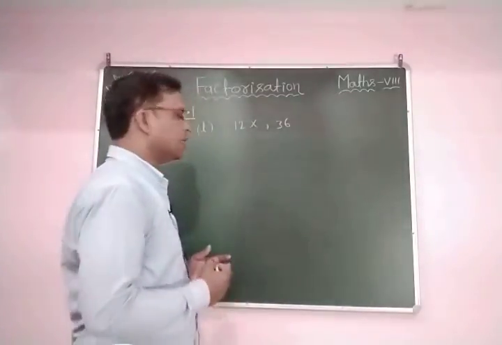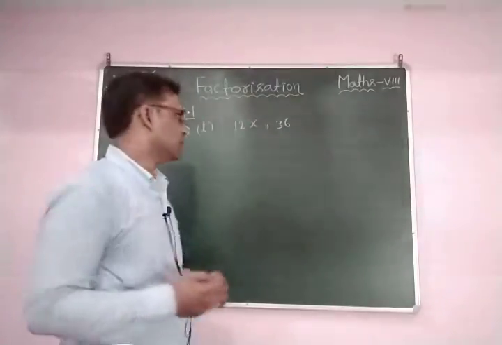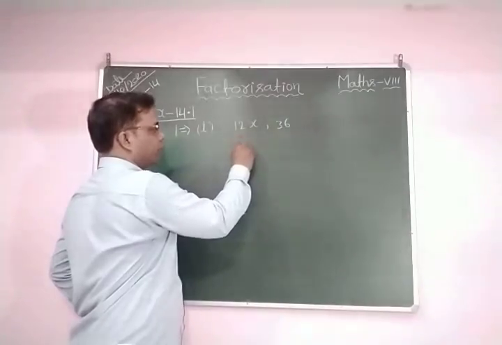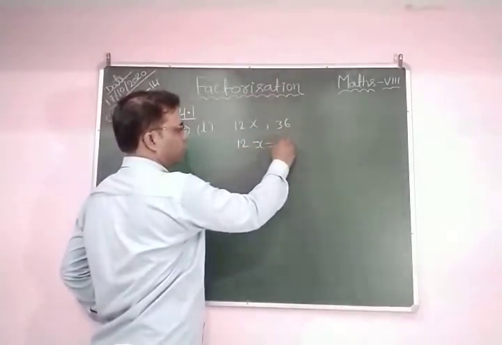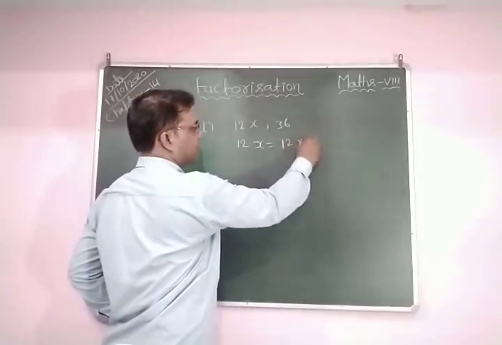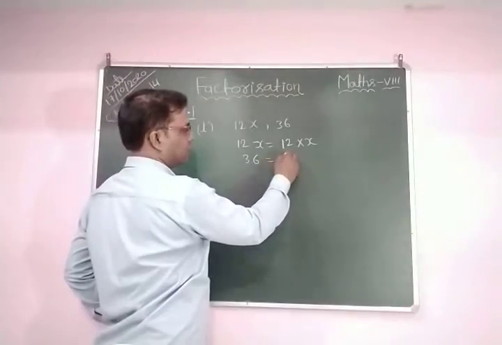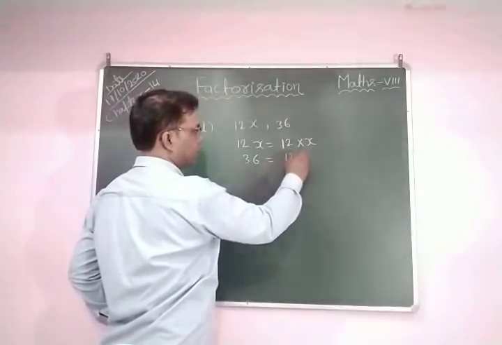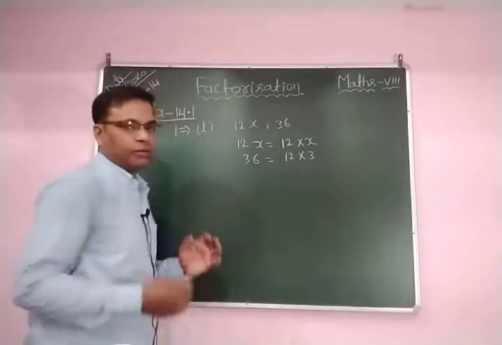So first we write each as a product of irreducible factors. 12x is equal to 12 into x. 36 is equal to 12 into 3. So you can see what is the common factor between them.